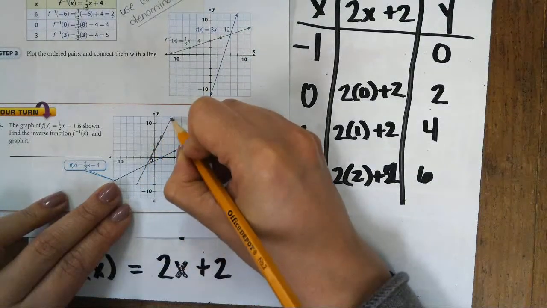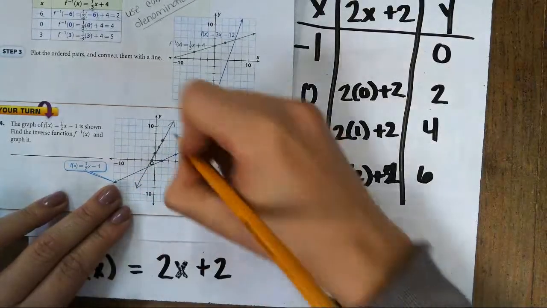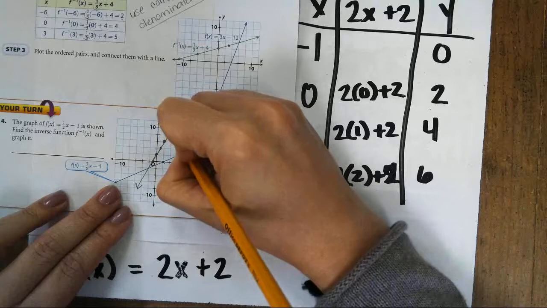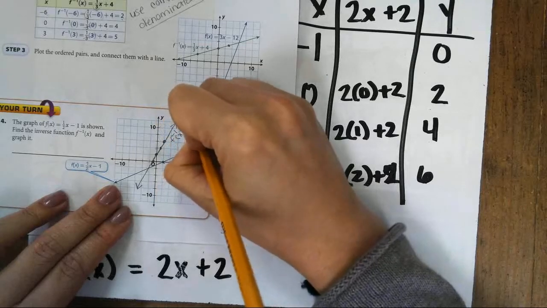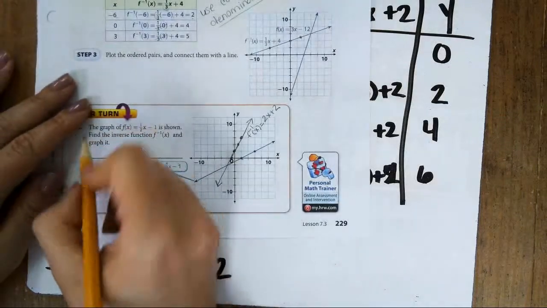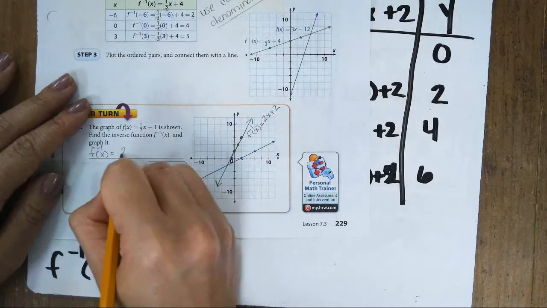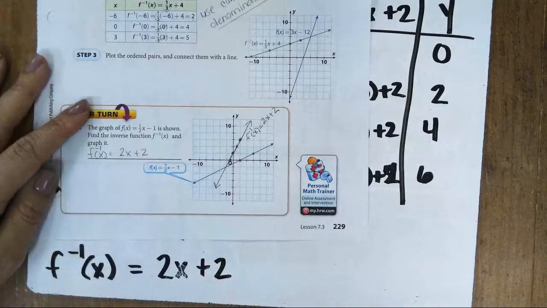Okay, I'm not using a ruler. Hopefully you guys are using rulers. And that is going to be my graph there. And then I'm going to label it with the equation that we got. Okay, so we got f^-1(x) equals 2x plus 2.